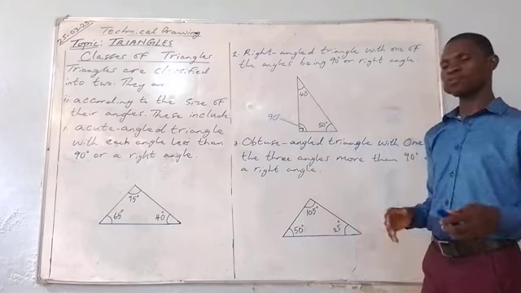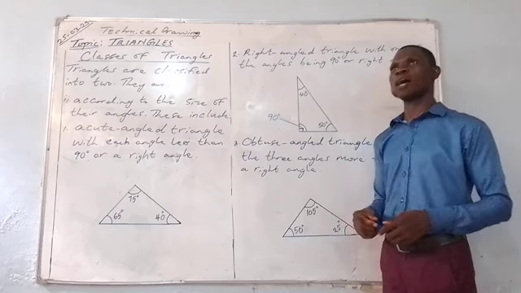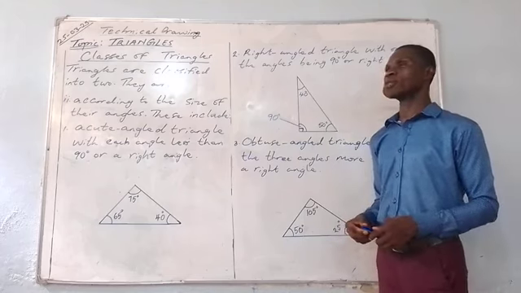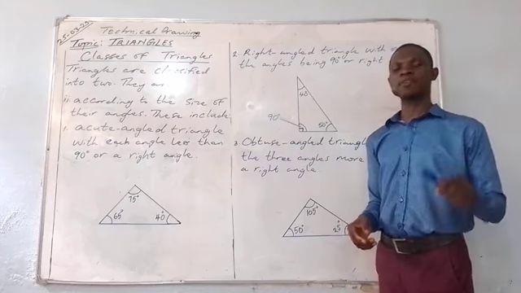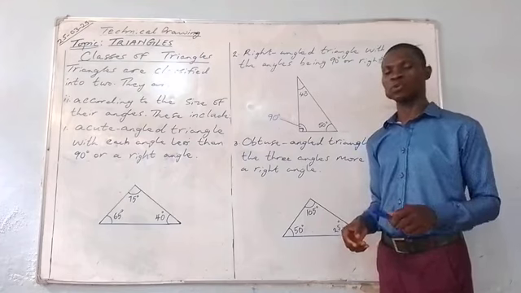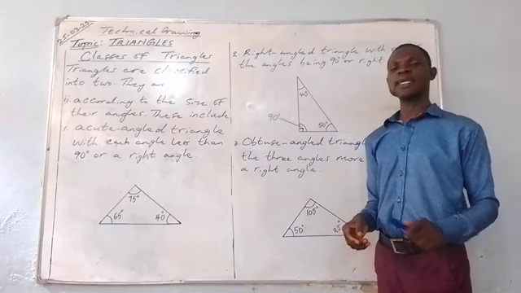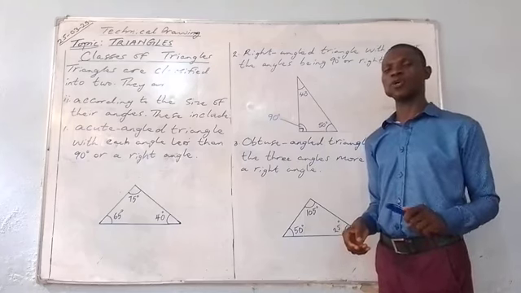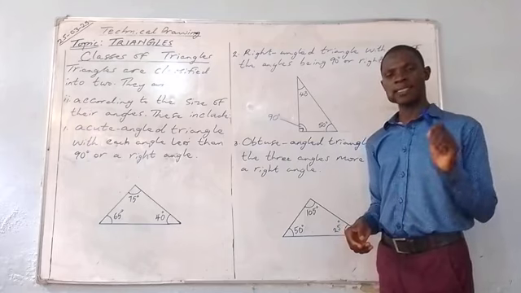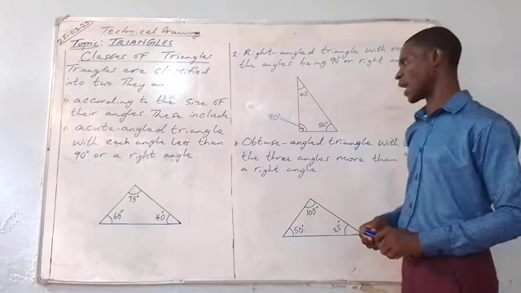Let me give you one important piece of information that you have to bear in mind: the sum of the two other angles in a right angled triangle is equal to 90 degrees. So let's take note of that.